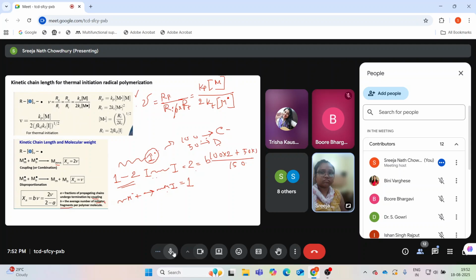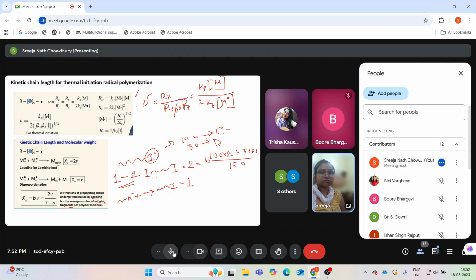This is not a very straightforward reaction. The initiator has its own dissociation rate. So see, if we start with 100 initiator molecules, then first two initiator molecules decrease, and for these two initiator molecules all the monomer molecules are present, so they have the opportunity to react with all the monomer molecules.